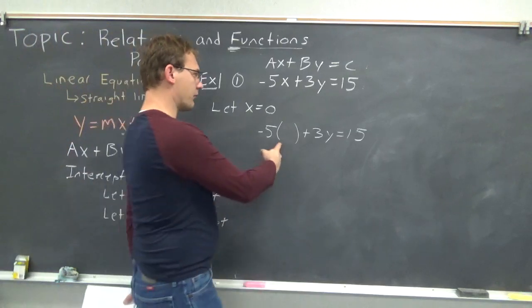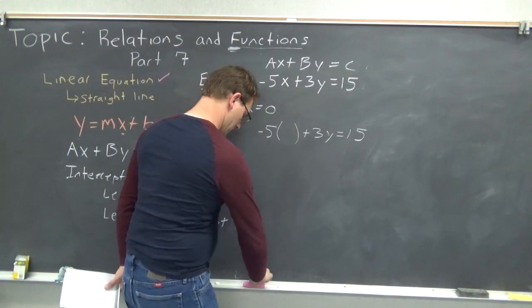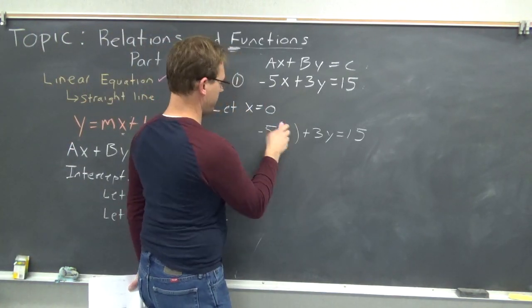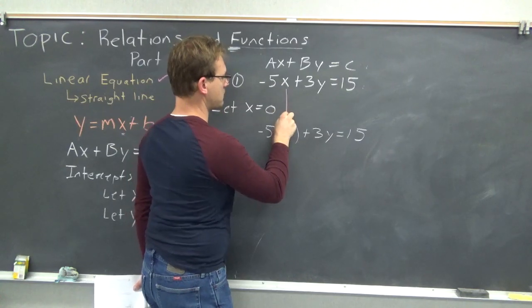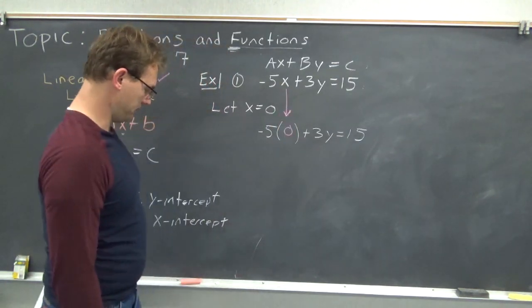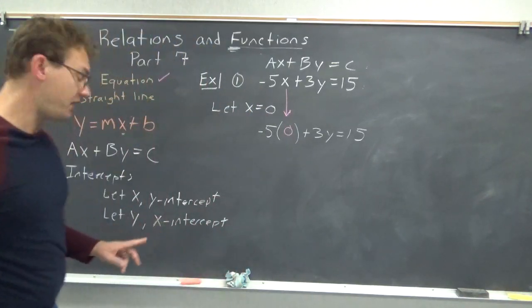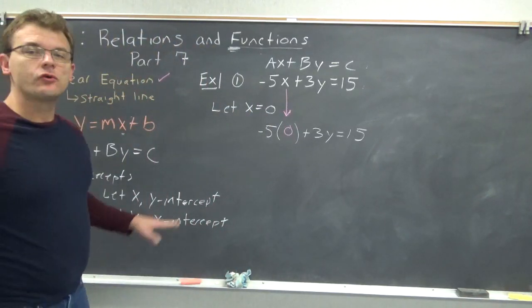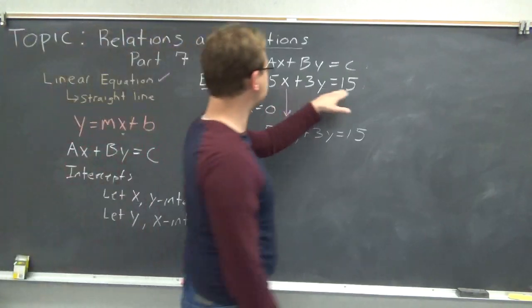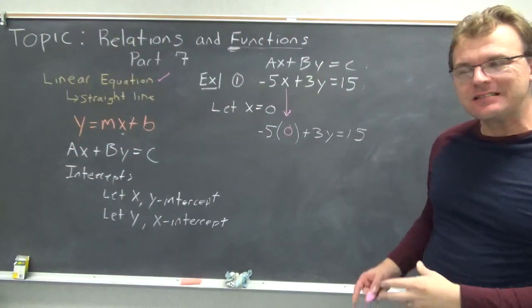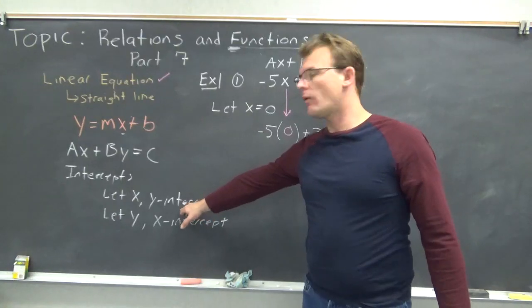What are you going to put there for your x? You're going to put in 0. The reason you're putting in 0 is because you're trying to find where this line in disguise hits the y-intercept.